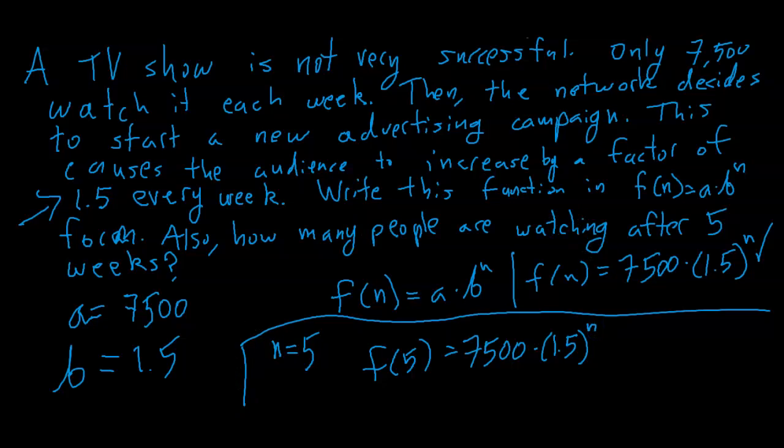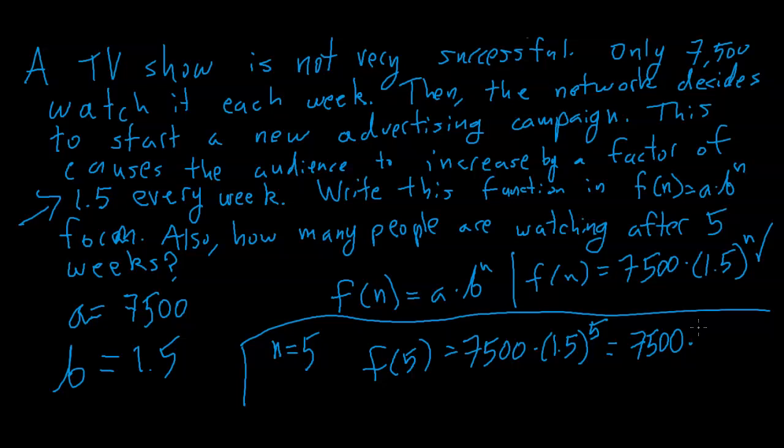My bad, not 1.5 to the n power, but rather 1.5 to the 5th power, right? Because we're evaluating for n equals 5. Okay, that's going to be equal to 7,500 times what is 1.5 to the 5th power?